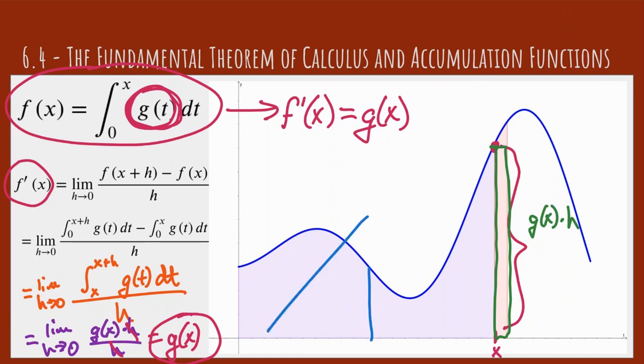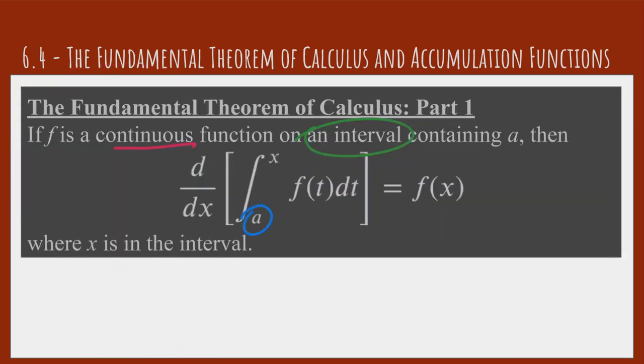If we weren't dealing with this area, but I started at another constant, and as long as the function is continuous from a to x, then this is going to hold. The difference in the area here was the key, and that difference doesn't matter if we start at 0, if we start at some positive number, or even if we continue to the left and start at some negative number. Any lower limit constant, this is going to be true.